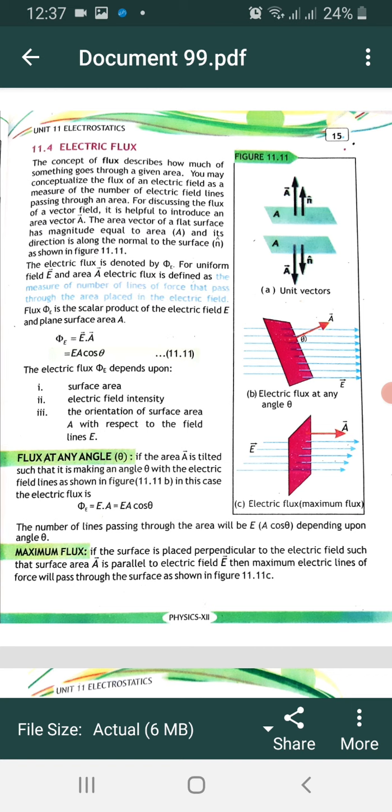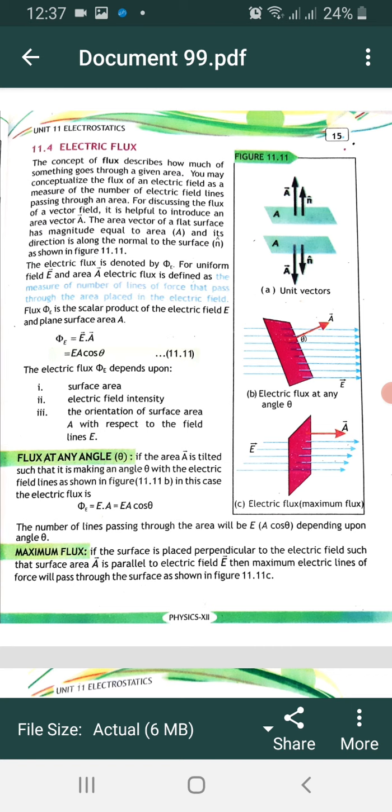To measure the electric flux quantitatively, the measurement depends upon the orientation of the surface area with respect to the electric field line. I mean if we have different orientations, we will have different measurements of electric field lines. So in this regard we associate a direction to the surface area. In that sense we consider that area as a vector area.